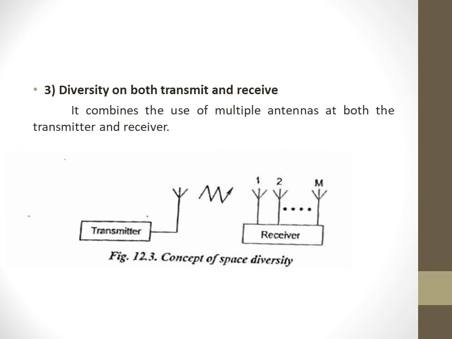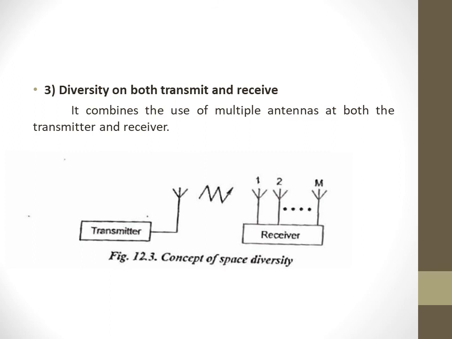It combines the use of multiple antennas at both the transmitter and receiver. Here, the transmitter and receiver consist of multiple antennas, with adjacent space in between these antennas.